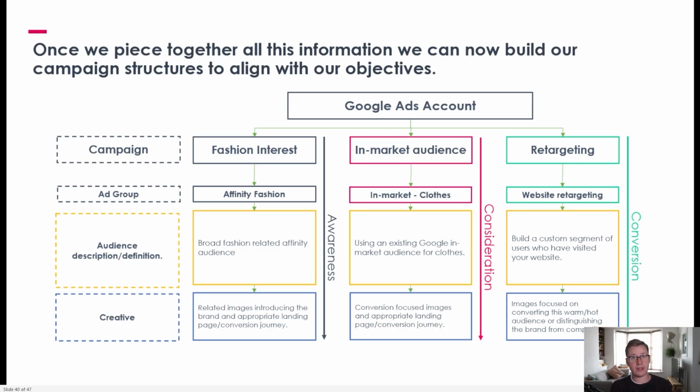So it's worth it. And likewise with the in-market, you want to have appropriate creative and images. And remember, this is a warm or a hot audience. So use your best practice, some distinguishing features, some call to actions. All of those things are great to implement there. More creative strategy to come though, so stick with us.